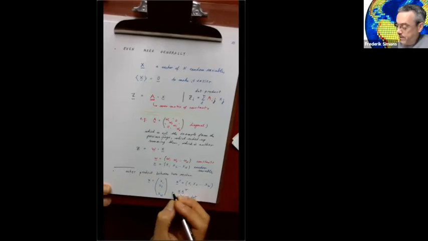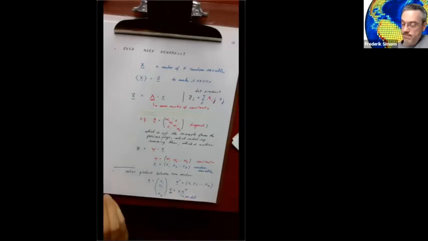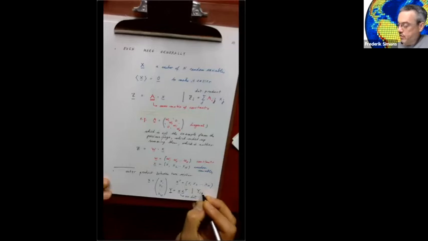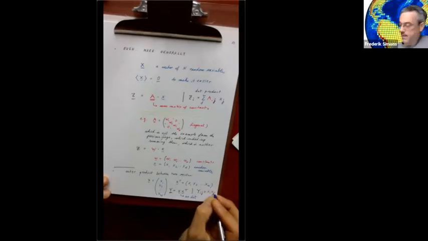If I call this y, I'm just defining some notation here. Now I define a matrix y for which the ijth element of y is the product of the xi and the xj.